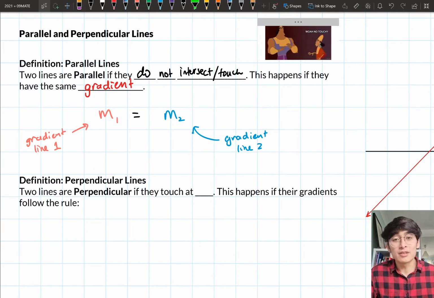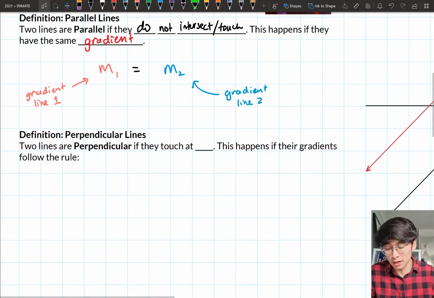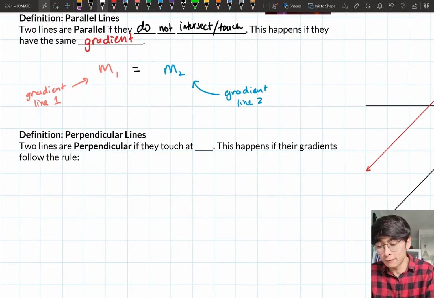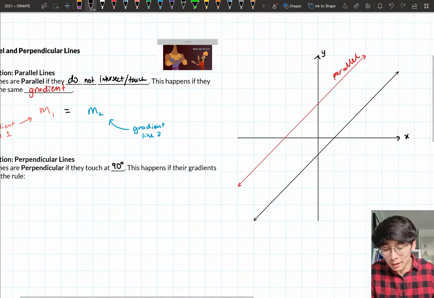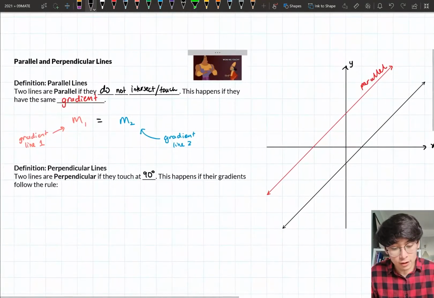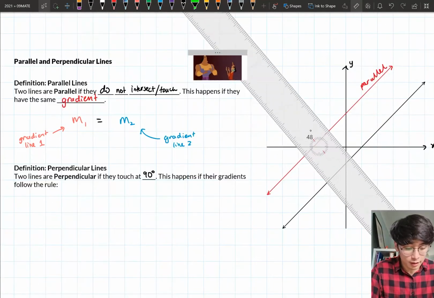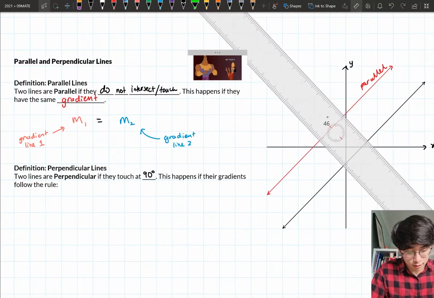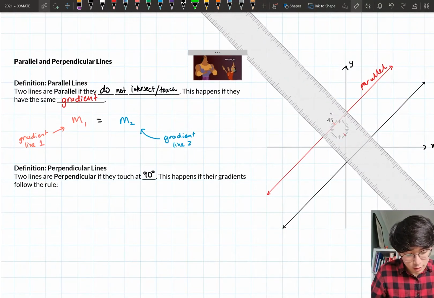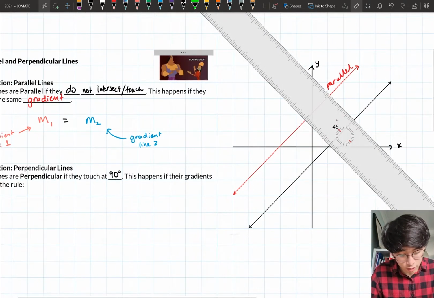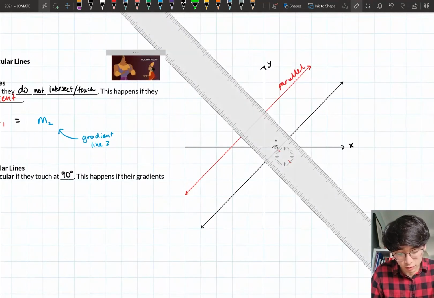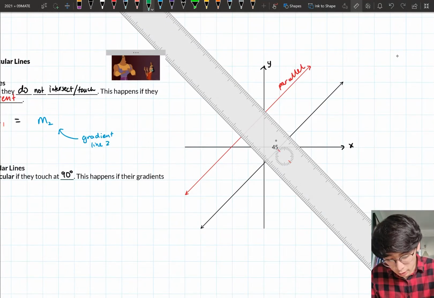Now the second one is perpendicular. Now the definition for perpendicular is two lines are perpendicular if they touch at 90 degrees. So here on my diagram again, an example of a perpendicular line is if I drew a line that went this way, like this, and notice if I draw a line that goes this direction, let me move it across so I can actually draw, you can see it a little bit better, like this.